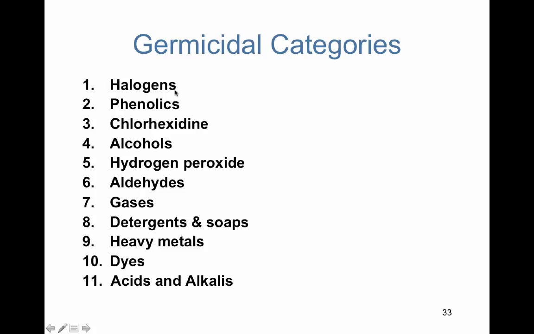So the halogens, phenols, chlorhexidine, alcohol, H2O2, hydrogen peroxide, aldehyde, gases, detergents and soaps, heavy metals, dyes, and finally acids and alkalis. So I would remember generally each group, and I would be able to give an example of each, know the mechanism of action, so how they work, and give me the application. So when would you actually use them?